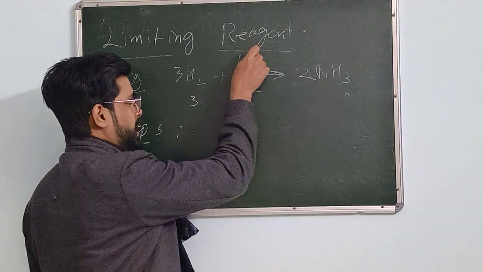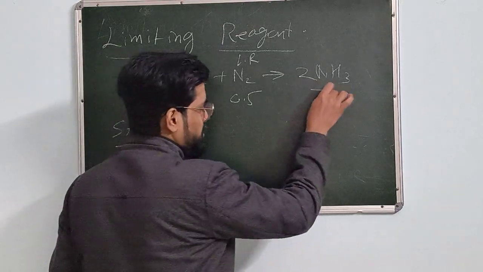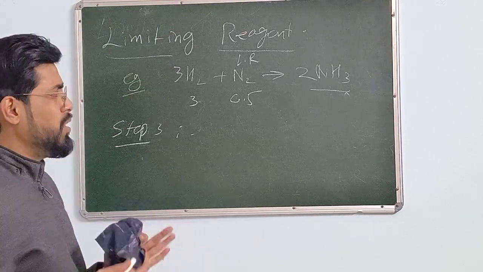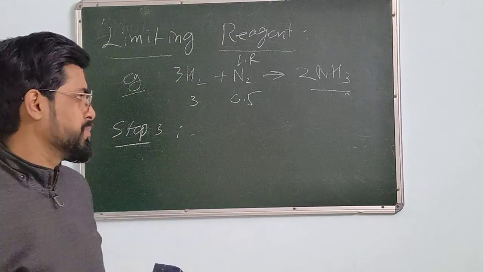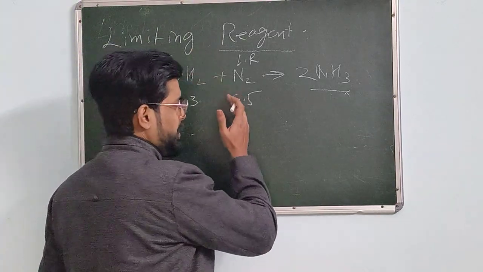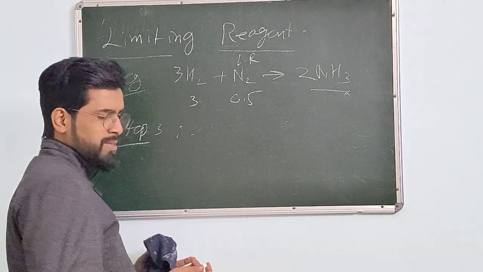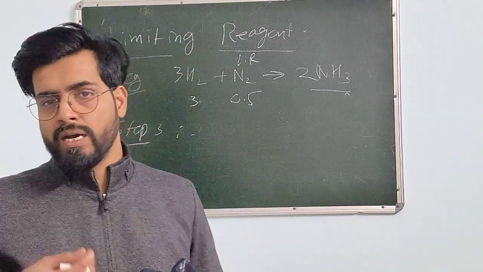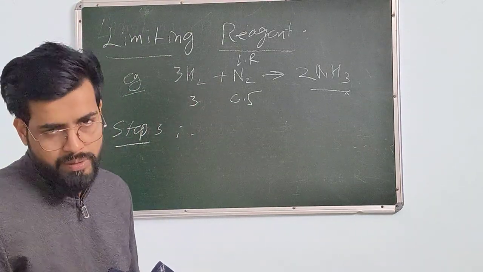N2 is the limiting reagent. Now we calculate the moles of the product. First of all we have to establish the relationship between the reactant and the product. Those in a lesser amount can only decide how much product will form.